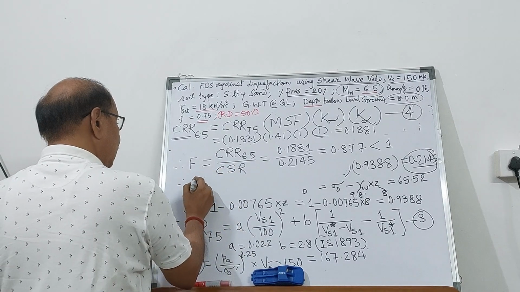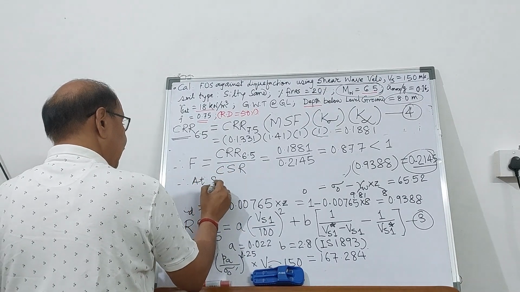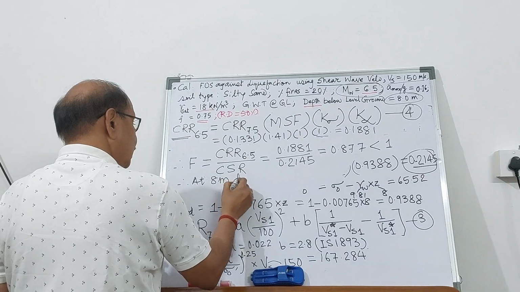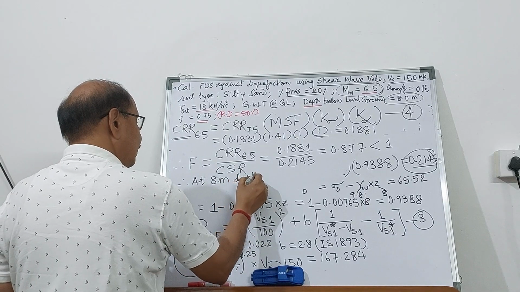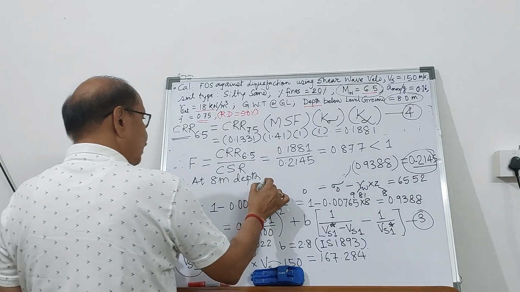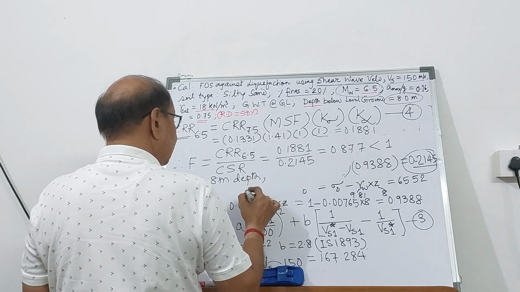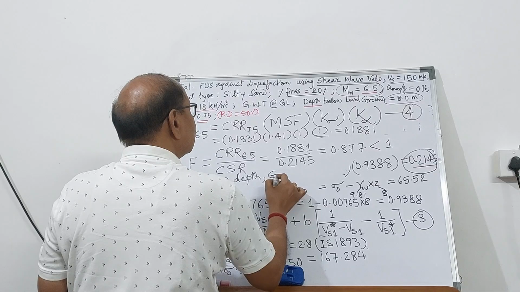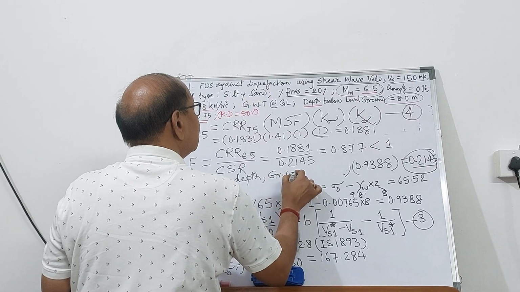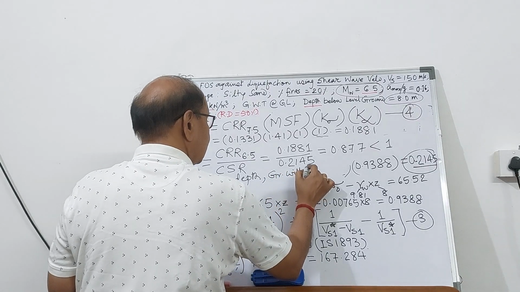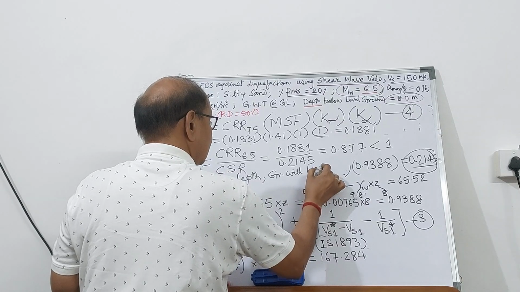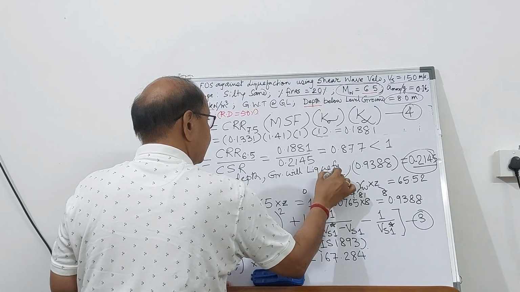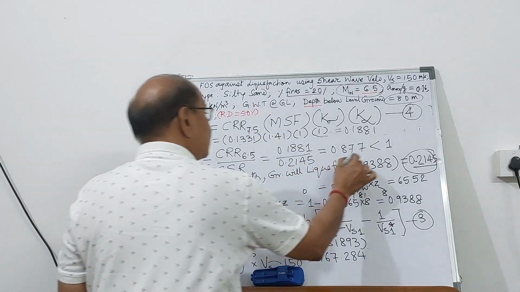Therefore, at 8-meter depth, the factor of safety is less than 1, and therefore at 8-meter depth, the ground will liquefy. So that's the answer.